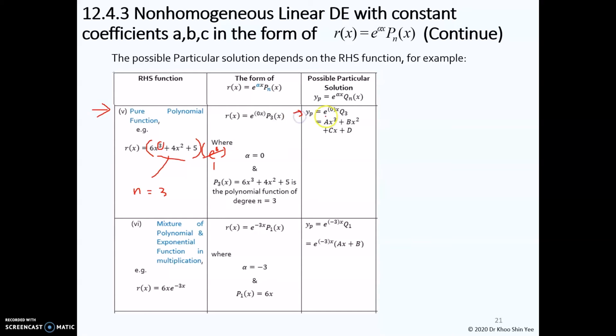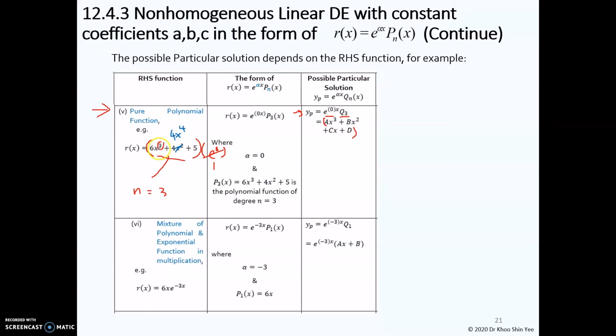Therefore, there is no exponential function in your particular solution, and the polynomial function is in the degree 3. So you can write the general polynomial formula, which is equal to ax power of 3 plus bx squared plus cx plus d.